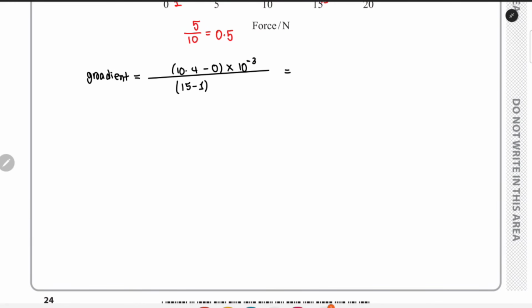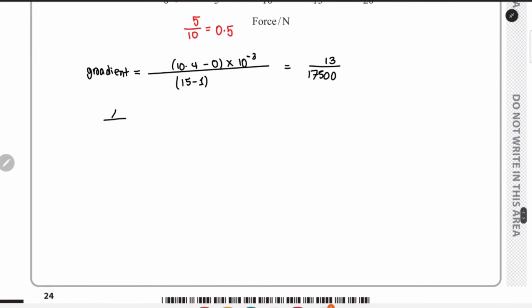We'll get a gradient of 13 by 17,500. This is extension by force. So force by extension will be 17,500 by 13, and this is F by del x, or the steepness.